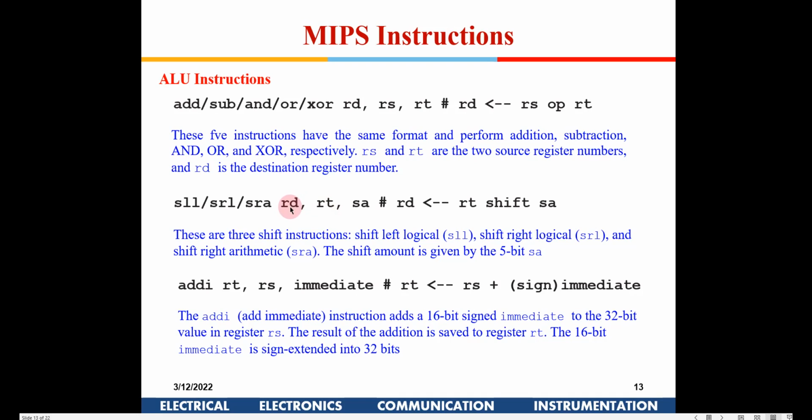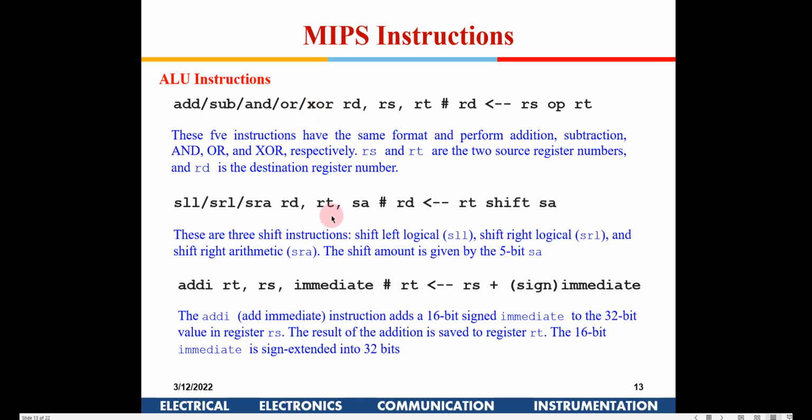You can say it that way: first this data will be copied into RD, and then the shift operation would happen, so that the data in the source register is not disturbed at all. So that is the kind of operations which we can do. Now, all the registers in MIPS are 32 bit, right?